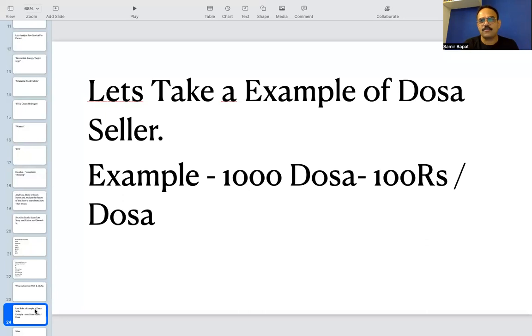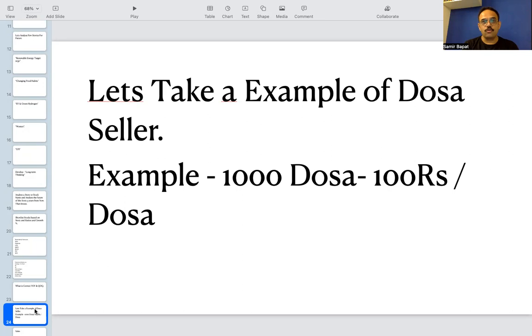Maybe some idli or some vada, but his core business is dosa. Maybe 10-20% of his business is idli, but otherwise he makes dosa only. So if he makes 1,000 dosas in a day at 100 rupees per dosa, he will get 1 lakh rupees at the end of the day.